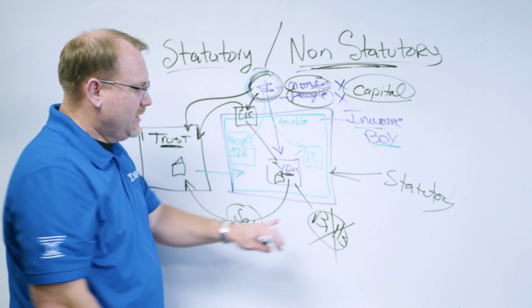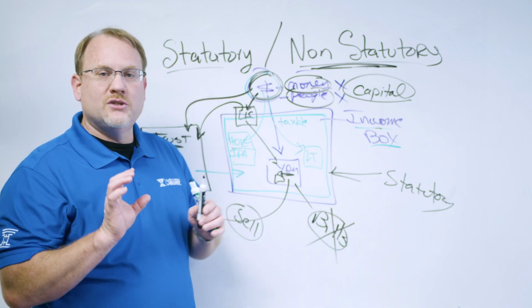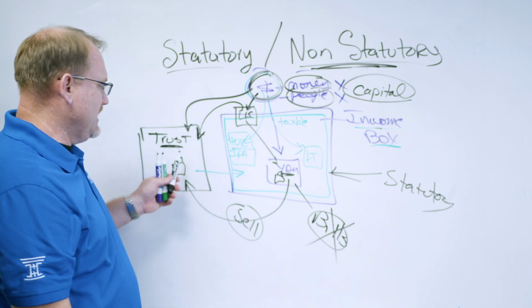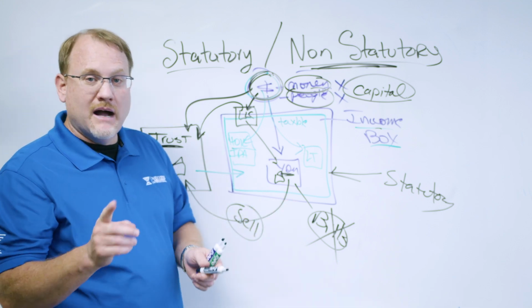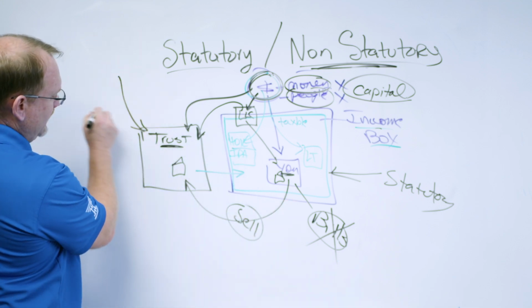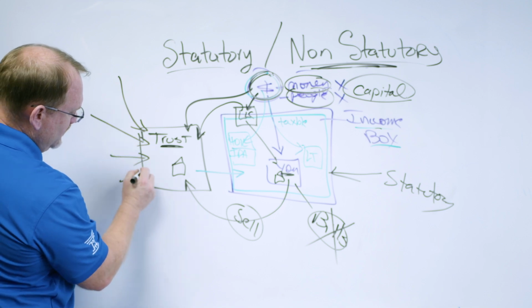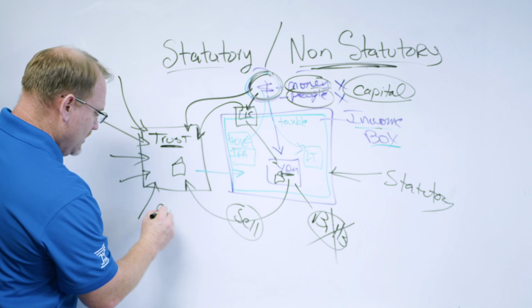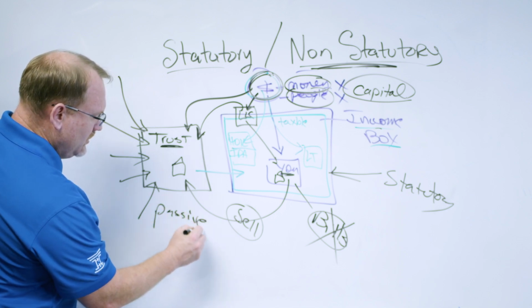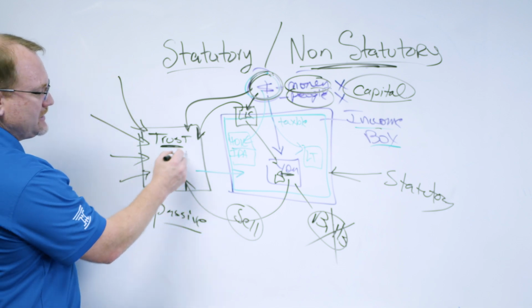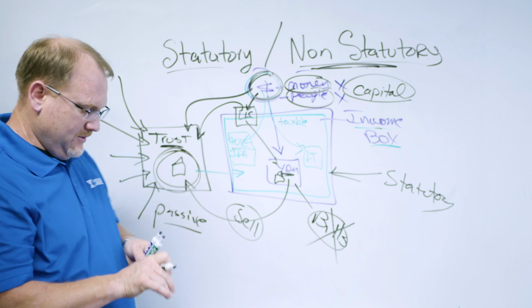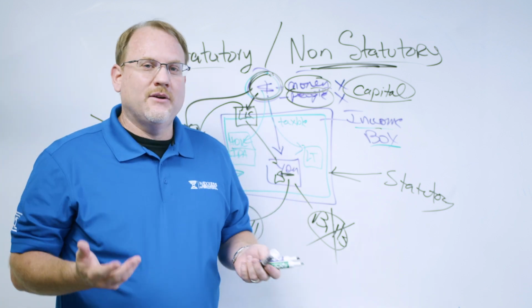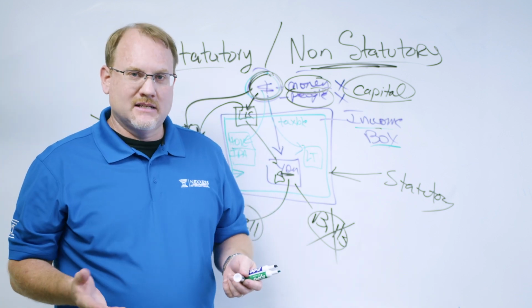Why? Because you don't own your assets anymore. You've sold those assets to a non-statutory entity, which, by the way, watch this, is bringing in all kinds of income. Not active income, it's passive income, because we've got to follow the tax code. It's all passive income, and it's paying all the bills for your assets, but it's not creating any income, so it's not paying any tax.